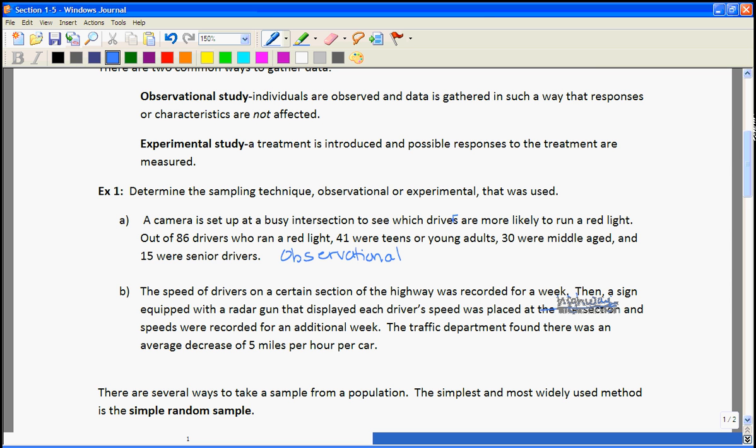Okay, observational or experimental. Well, this time, even though we observed the driver's speed initially, we then introduced a treatment. We put up that sign, and many of us have seen that before. It flashes and it tells you what your speed is, and most of us will think, oh, I better slow down. So that's a treatment, and it affected the behavior of the driver. Because we introduced something and then looked at the behavior again, this is considered an experimental study.